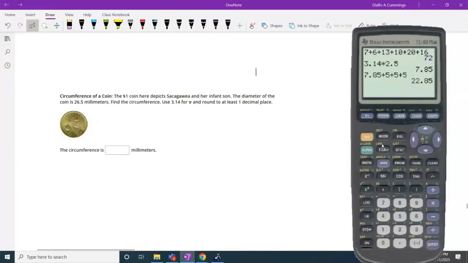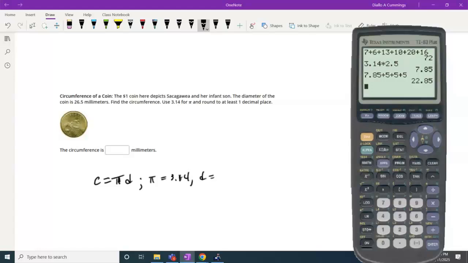Now, since they give us the diameter, I'm going to use a formula. The circumference is equal to pi times the diameter. So I'm going to substitute pi as 3.14.